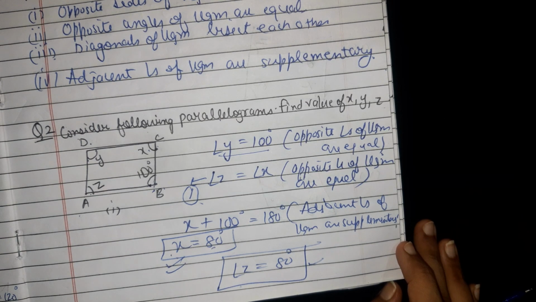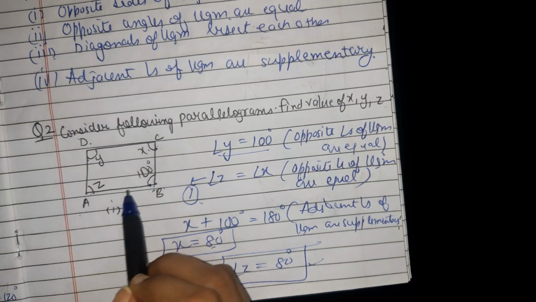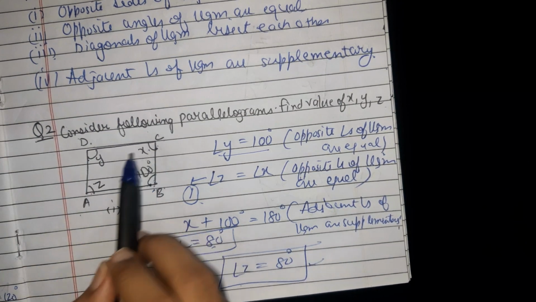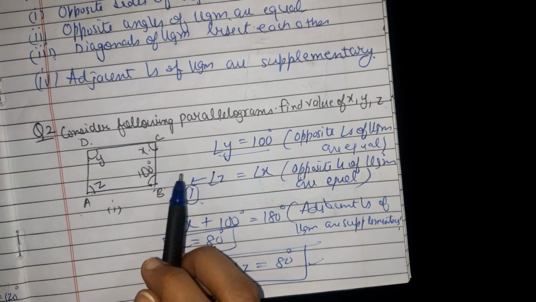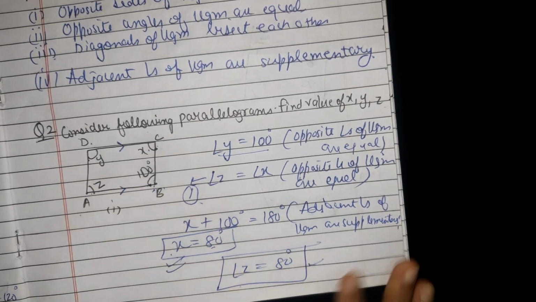There is another way to solve this question. Since the parallelogram has a property that the opposite sides are parallel and equal, DC is parallel to AB.